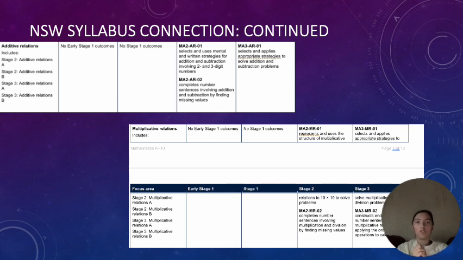In relation to the connection to Stage 2 to 3 outcomes, the solutions I used in my uncertainty and variation example address additive relations, specifically outcomes MA2-AR-01, MA2-AR-02 for Stage 2, and outcome MA3-AR-01 for Stage 3. Lastly, my solutions also integrate the syllabus outcomes for multiplicative relations, specifically in Stage 2, MA2-MR-01, MA2-MR-02, and for Stage 3, it links to the syllabus outcome of MA3-MR-01, as seen in the diagrams below.